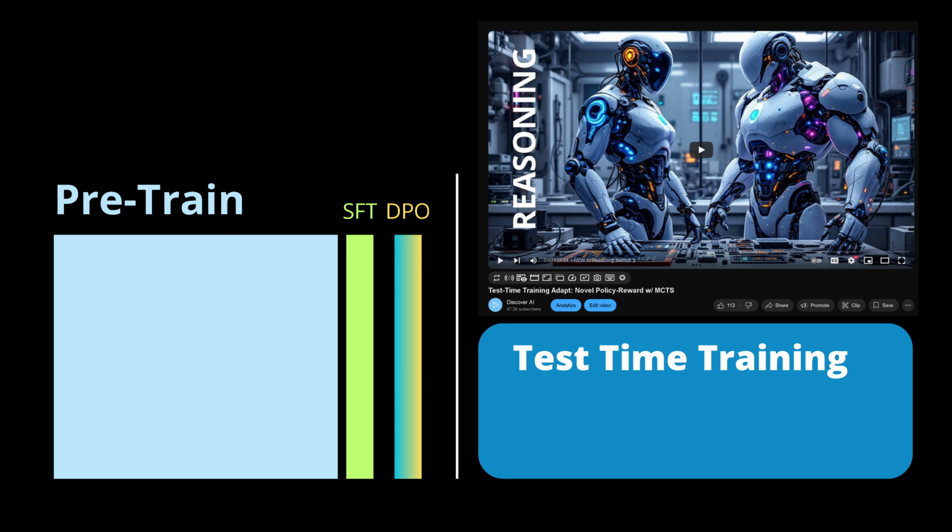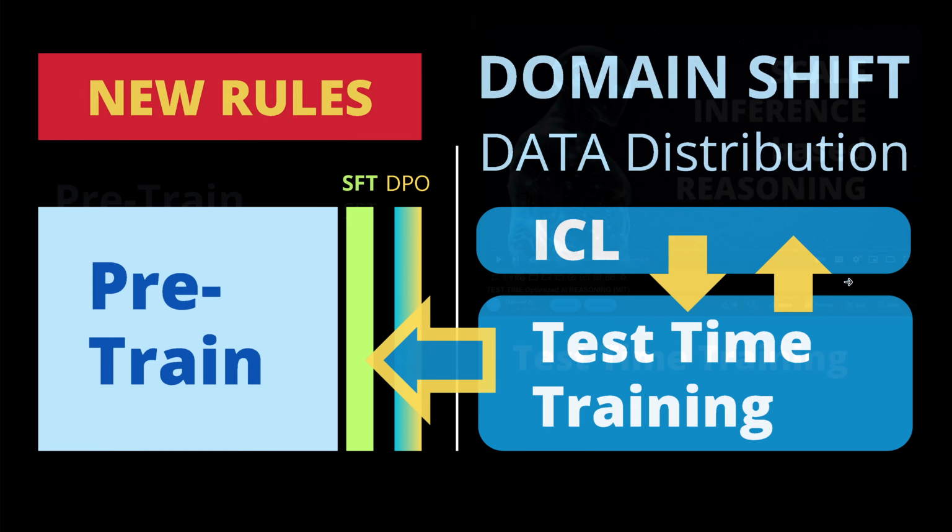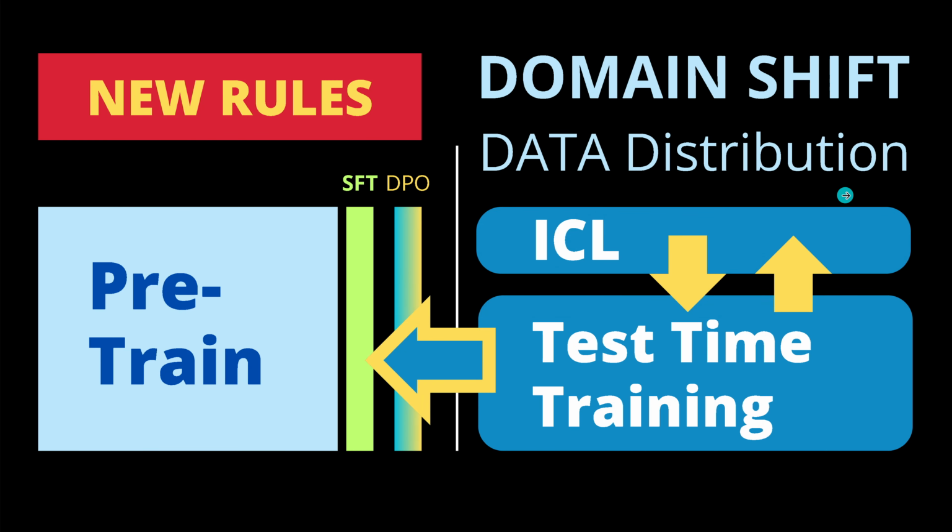I already have 2 expert videos. If you are just starting, these are not for you. I show test time training adaptation with a novel policy reward system in a Monte Carlo tree search algorithm. Too complicated if you start. And then I showed test time optimization with an AI reasoning algorithm developed by MIT, scaling inference-based reasoning. Too complicated. If we start, it is so much easier.